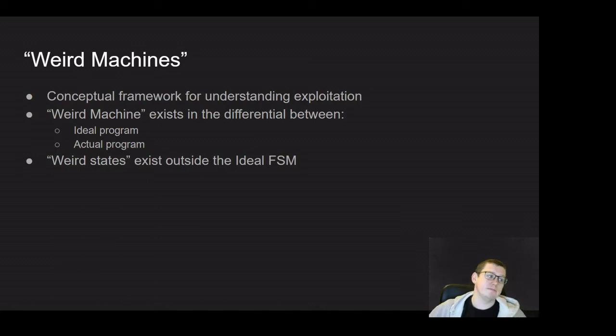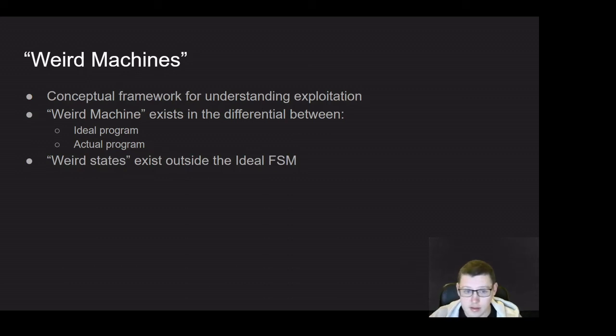So the weird machine. The reason I was first introducing the idea of this ideal program that has no problems, what the programmer intends on being able to do, the machine that the programmer intended to create, you could think of it like the actual program has lots of extra functionality.